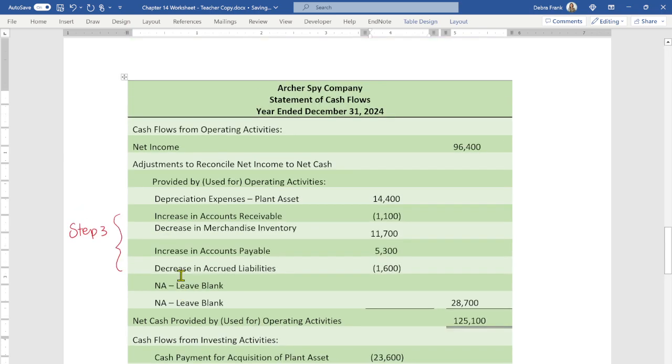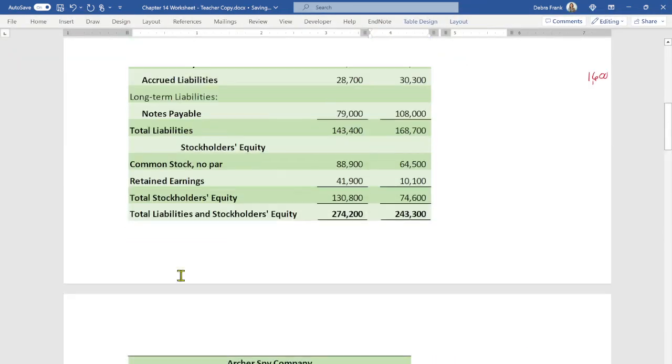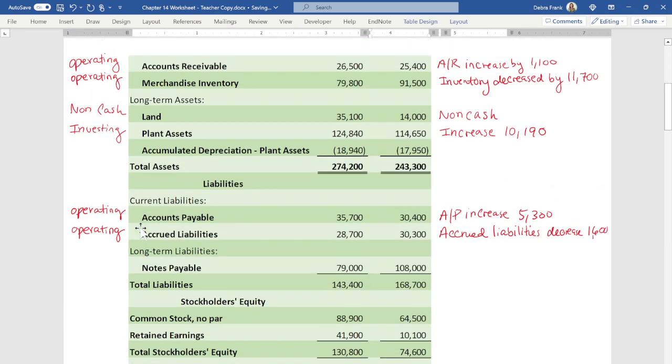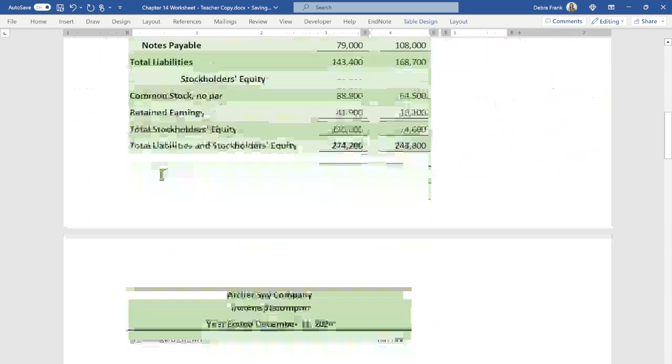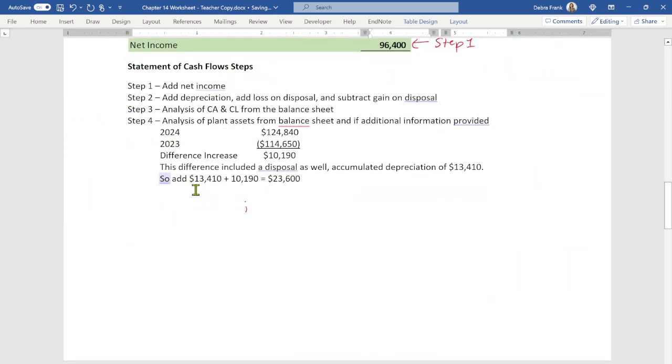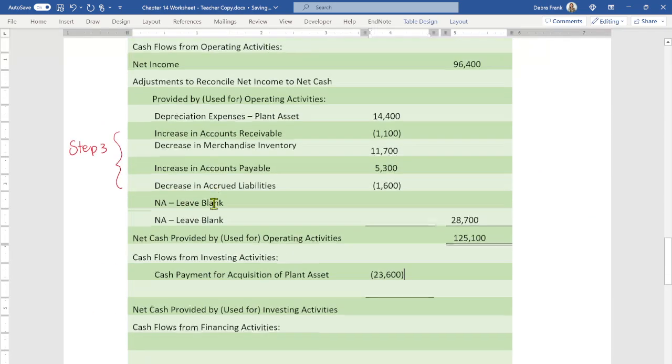And there was nothing else for our long-term assets. We accounted for everything here. This was already accounted for as well with depreciation. And so we're going to go ahead and say we're done with the investing section. This is just another extra space that they gave us. Leave it blank, not needed.